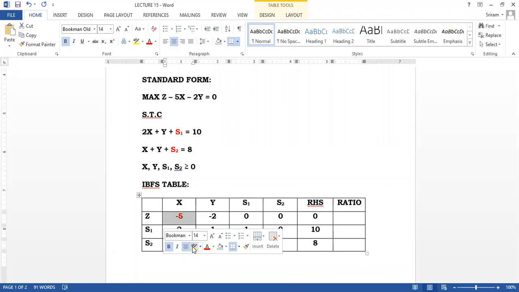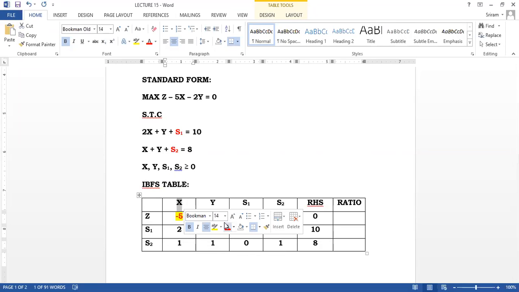Here I am having -5, -2, 0, 0, 0. -5 is the big negative number, the maximum negative number. This column is called the entering variable, EV. We call it EV.